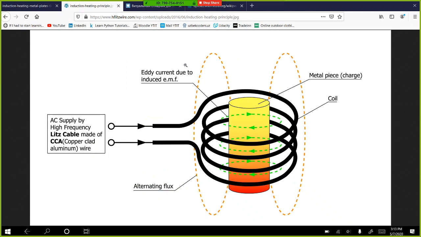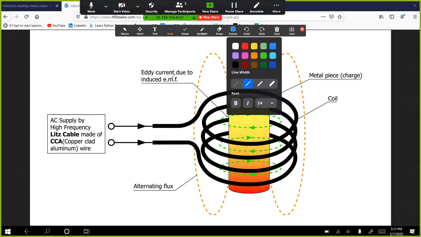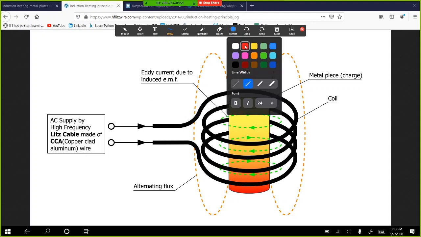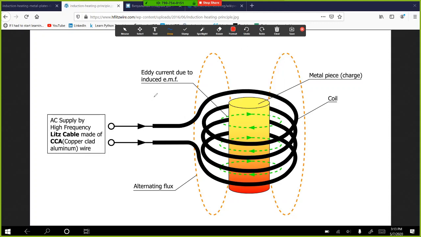So here we can see the demonstration of the application of eddy currents. Let me use a red one.